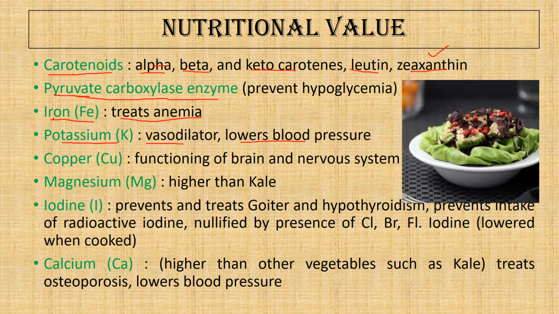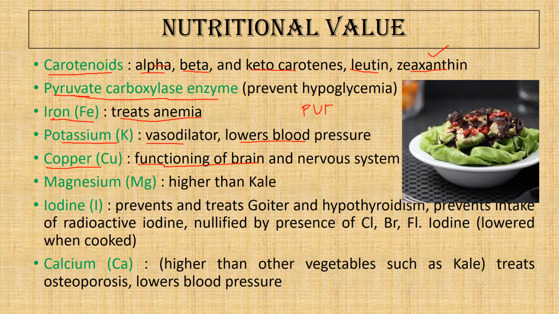Then we have copper. We all know that copper helps in the functioning of the brain and the nervous system. Just like the other polysaccharides, I forgot to mention that the fat that is present in dulse is polyunsaturated fatty acid, PUFA.